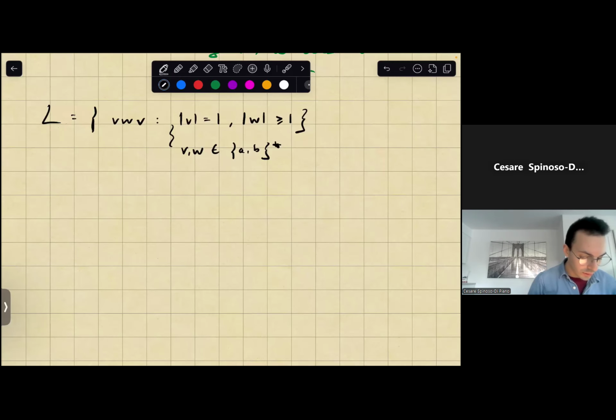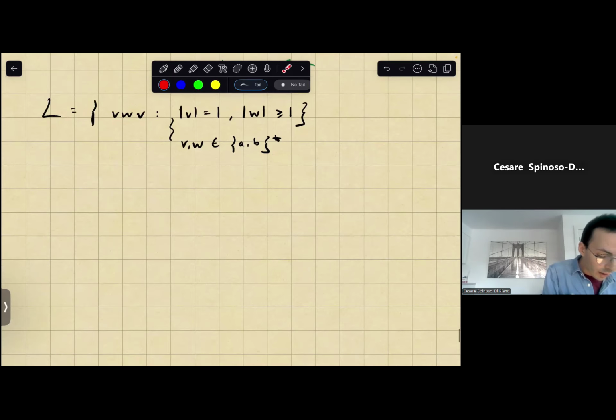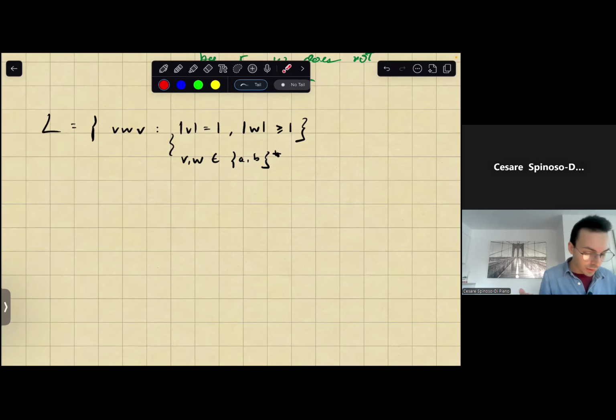Okay, hello everyone. So in this video, we'll be looking at another question where we're asked to design a regular expression that describes a language. In this case, the language contains strings over the alphabet {a, b}, where those strings are the string V, then the string W, then again the string V. So they can be partitioned this way, where there are properties that we insist the strings V and W have.